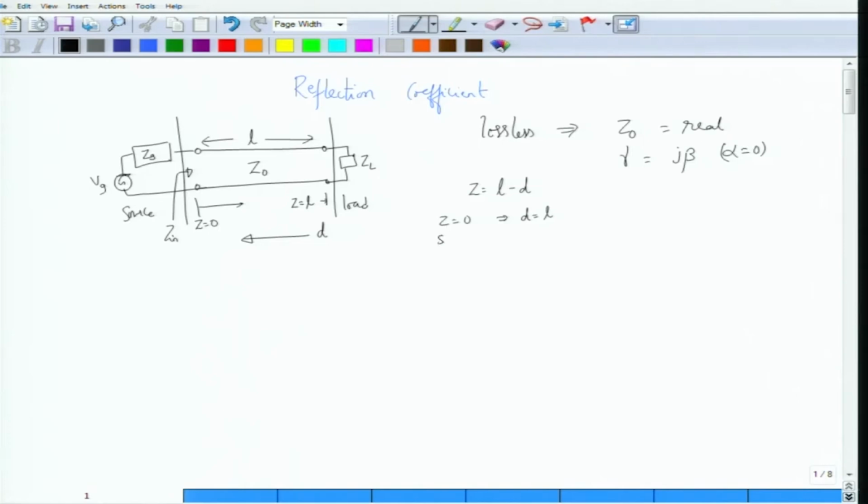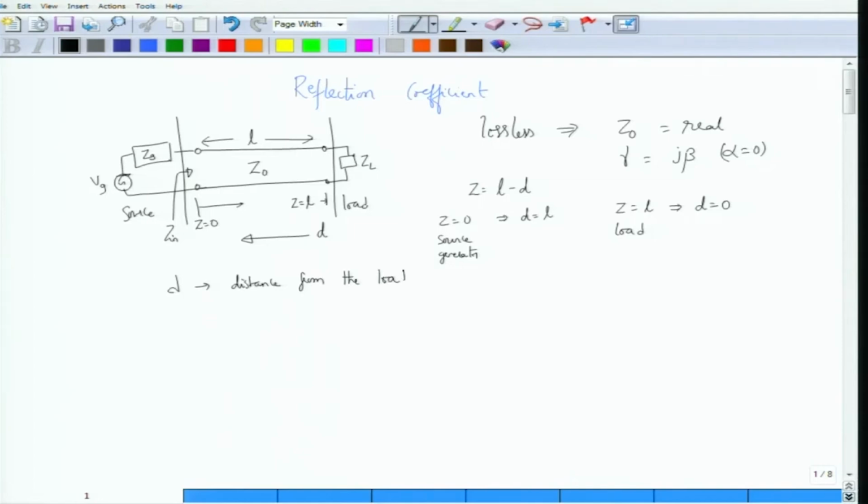So z equal to 0 corresponds to the source or the generator, which would be L units of distance from the load. z equal to L corresponds to the load plane, correct, because z equal to L in our original coordinate system would correspond to the load plane. But z equal to L implies that d is equal to 0, which means that you are actually at the load itself. So d measures distance from the load.